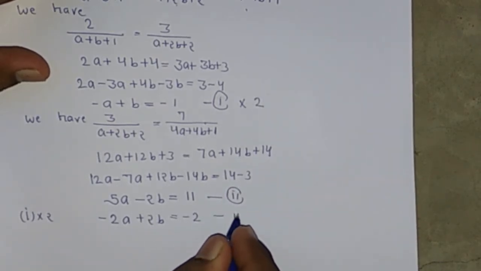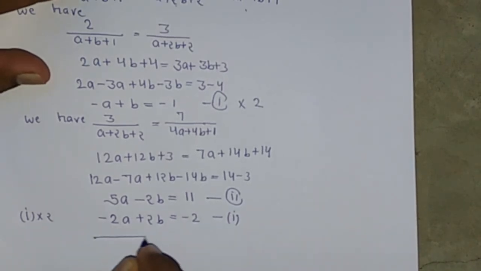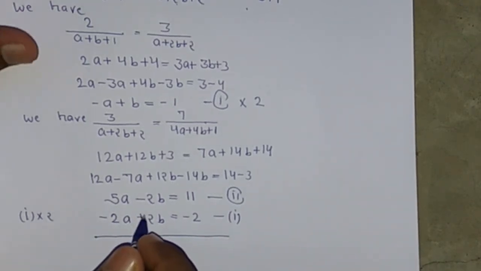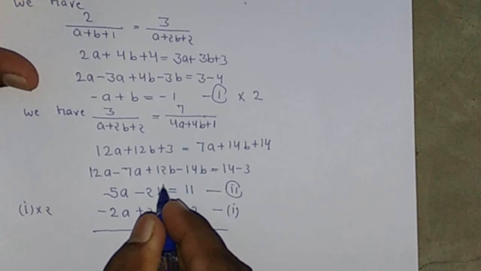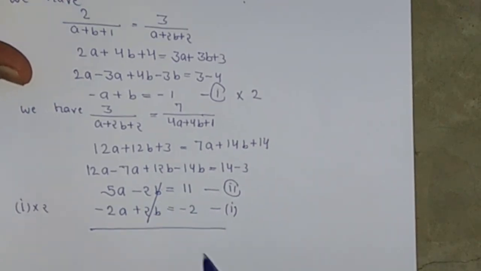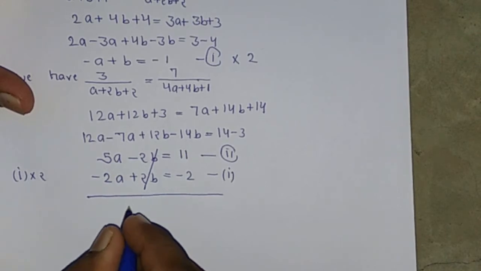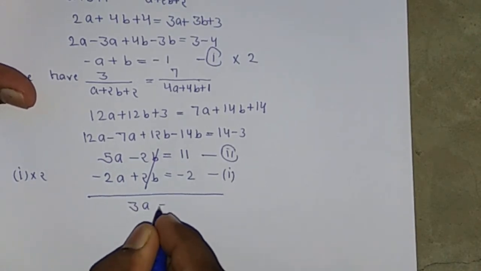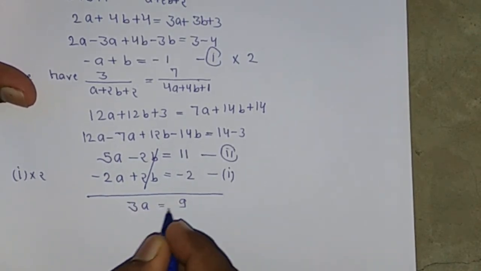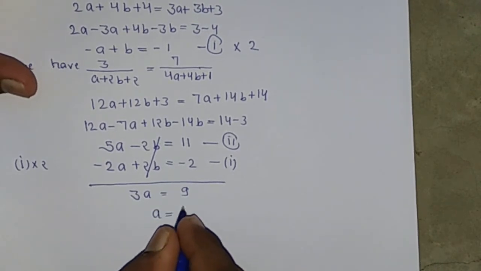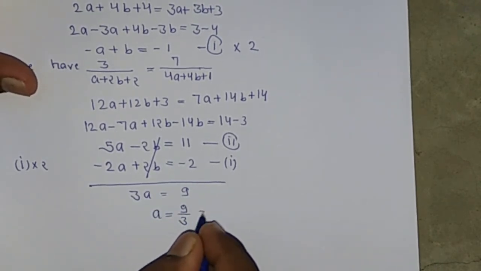Since the coefficients of b are equal and of opposite sign, we add these two equations: minus 2b plus 2b cancel out on adding. 5a minus 2a we have 3a, 11 minus 2 is 9, then the value of a is 9 by 3, which means 3.